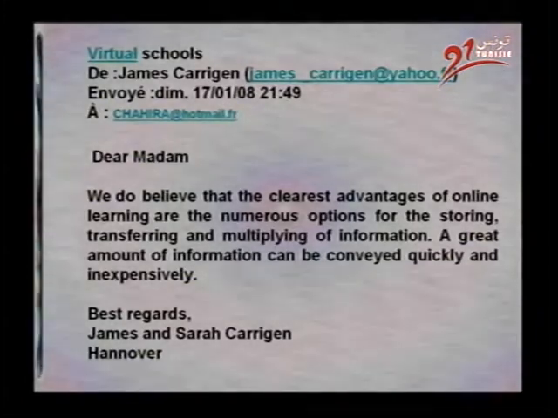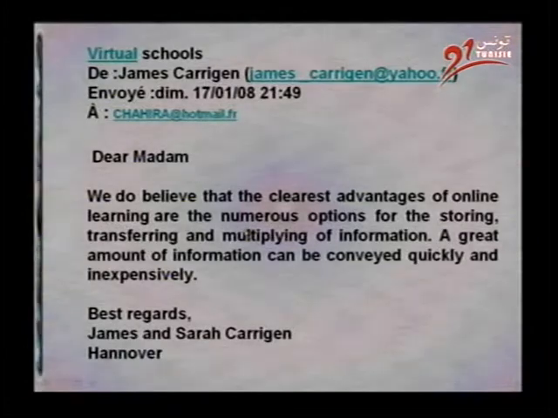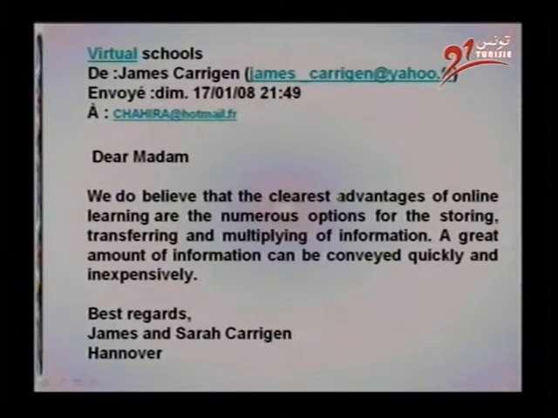Pay attention. If you want to grasp the attitude of the person who wrote this email, we have to focus on the words, and also on the justification they relied on. Now, look at the following parts: advantages, and for the storing, we also have other words that have a positive meaning, like information conveyed quickly and inexpensively.